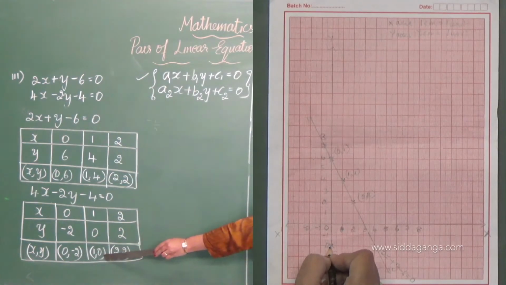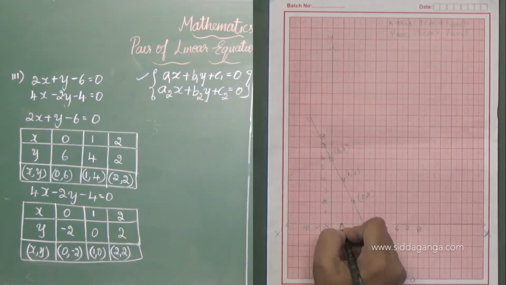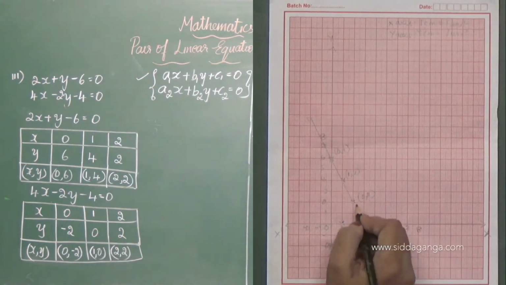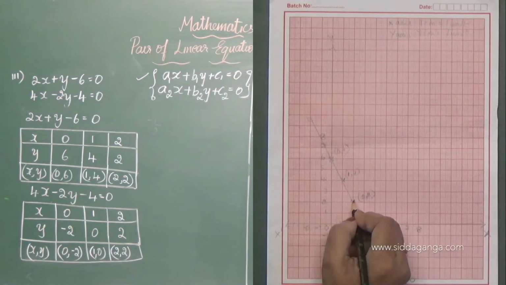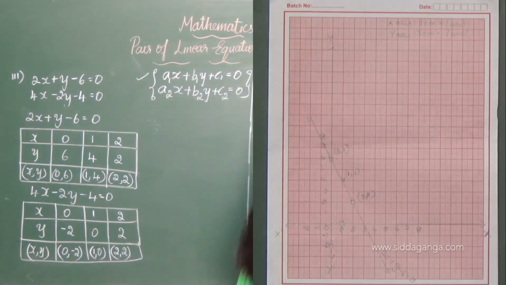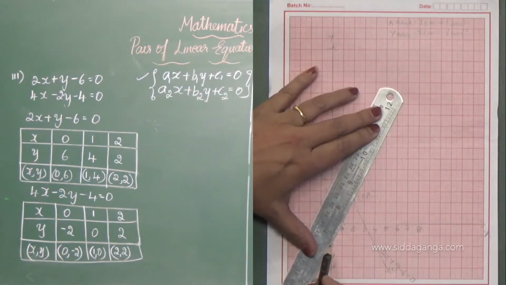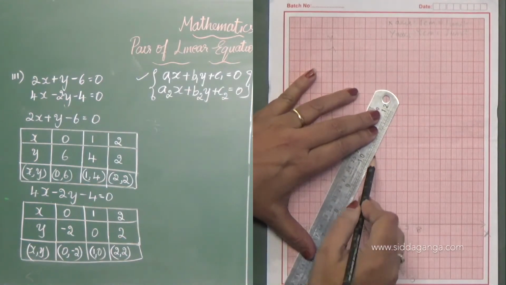Then 1 comma 0, it's here only on the x axis. Next 2 comma 2, which is already here, it's the same point. Let us try to join these points.